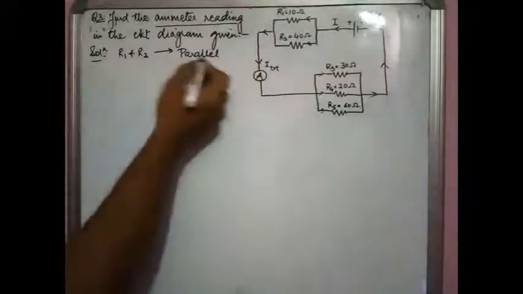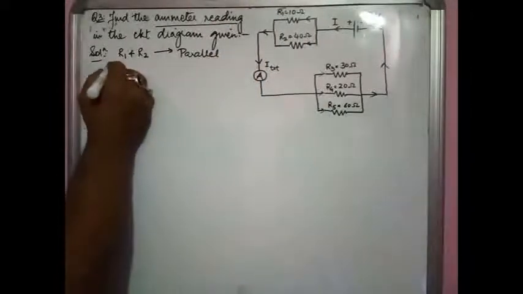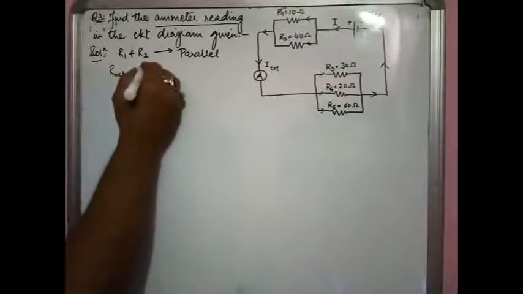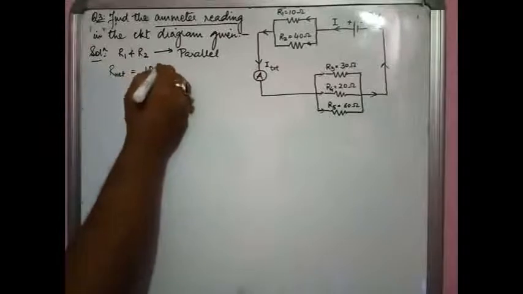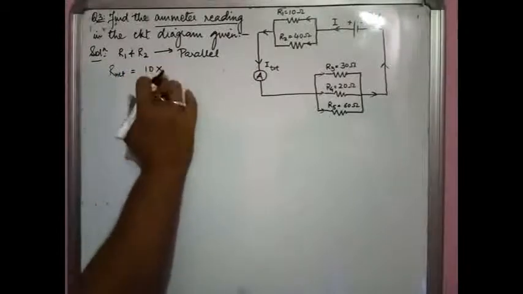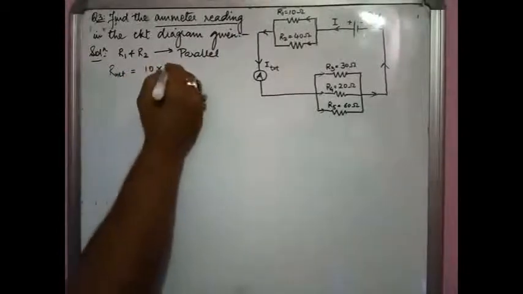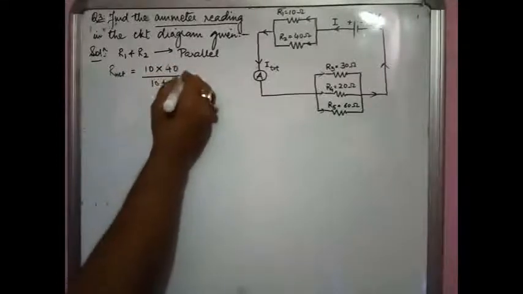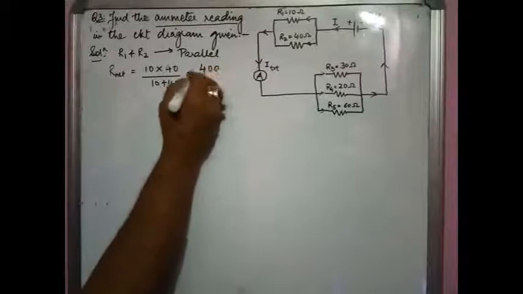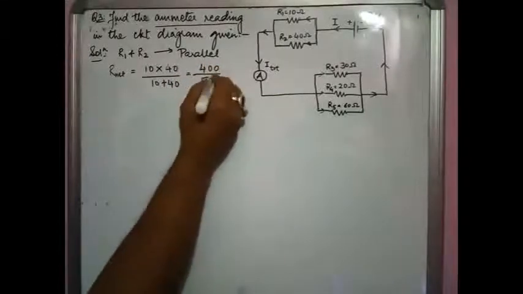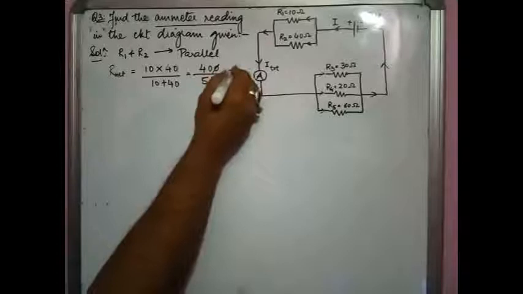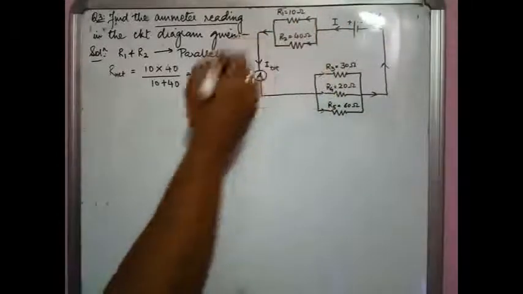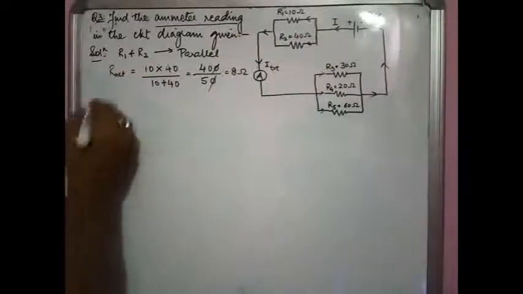R1 and R2 are in parallel, therefore R net here will be R1 into R2 upon R1 plus R2. Using the formula, 10 into 40 upon 10 plus 40. So you get 400 upon 50, the 0 gets cancelled, 5 8s are 40. So for this parallel combination, the resistance value is 8 ohms.